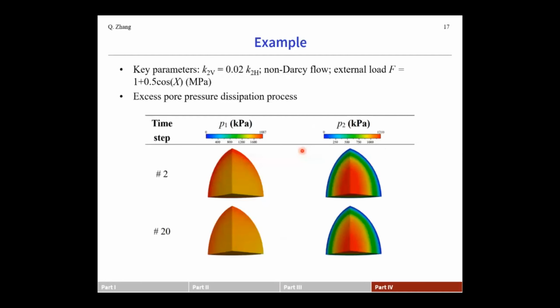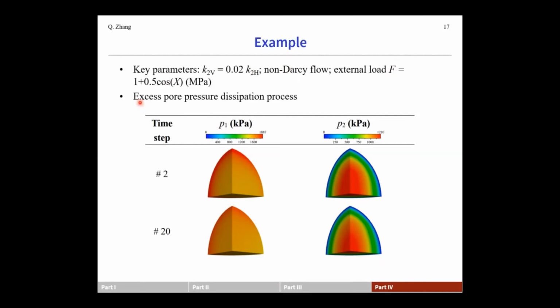Some key parameters are summarized here. We assume the equivalent fracture permeability is highly anisotropic, which means that the vertical component is much smaller than the horizontal component. We also assume the non-Darcy flow exists, and the external load F is a function of the spatial coordinate X.